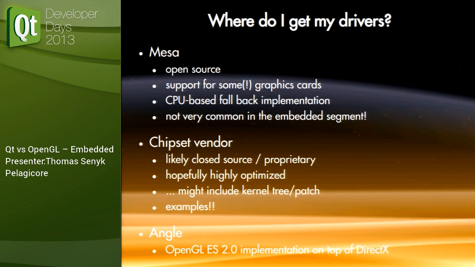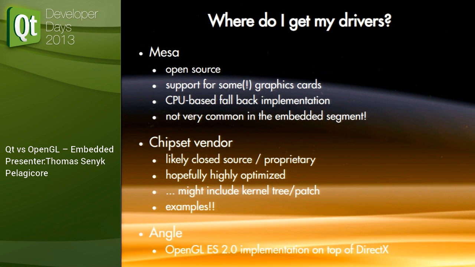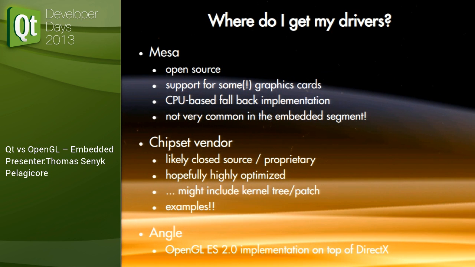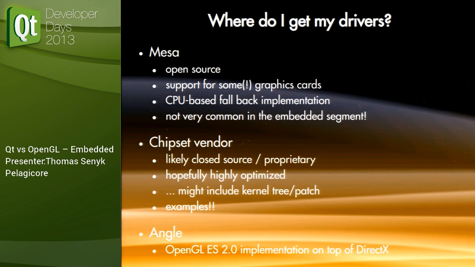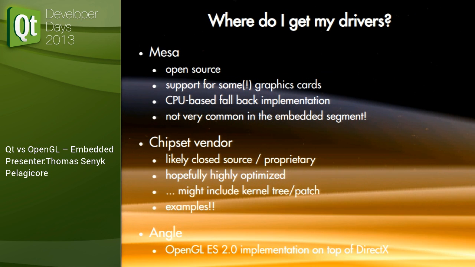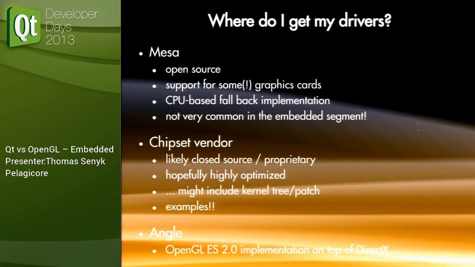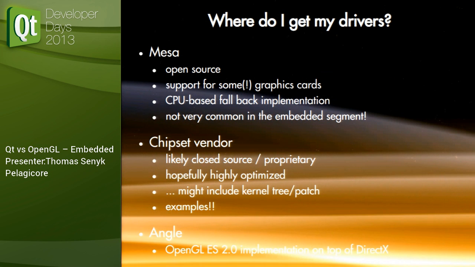It's hopefully highly optimized. That's not always the case. A lot of OpenGL drivers in the embedded segment suck, especially for new, fresh hardware. It very often is the case that they lack features, they have bugs, they are not performing. A little bit more in the windowing system section there. And again, it might include kernel changes, a kernel module.